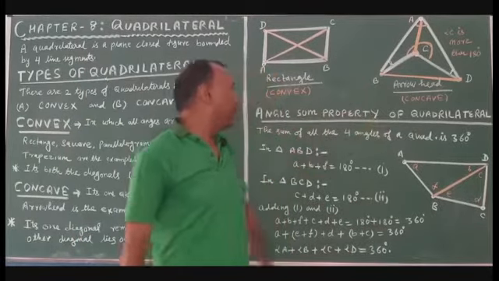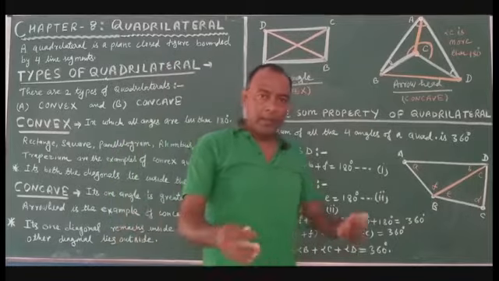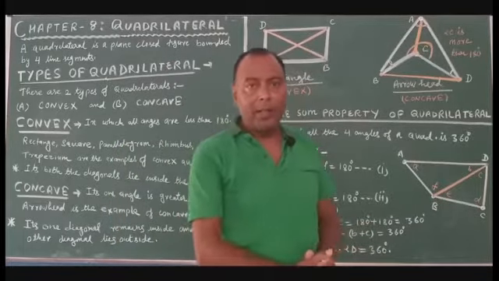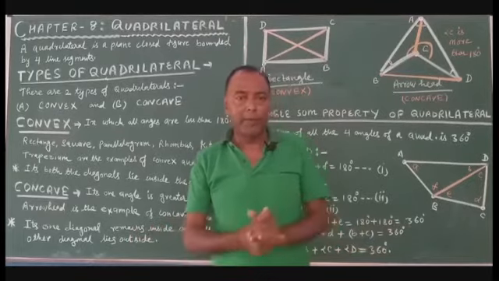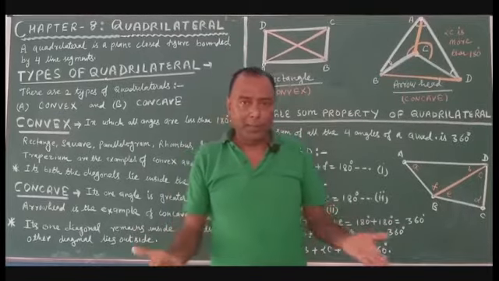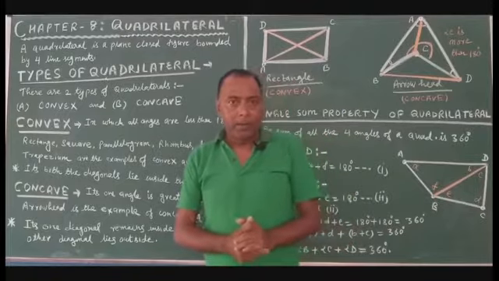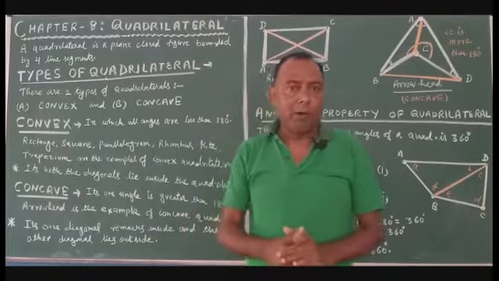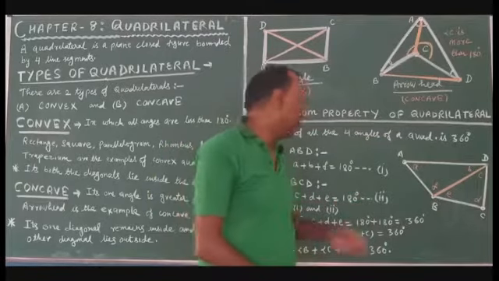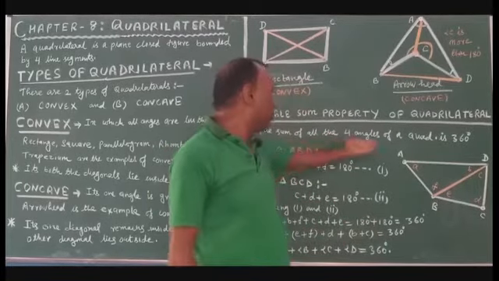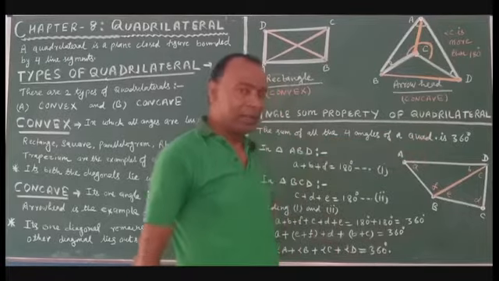Is it okay? Now, the next thing is the angle sum property of a quadrilateral. So what is this property? The sum of all four angles of a quadrilateral is 360 degrees.